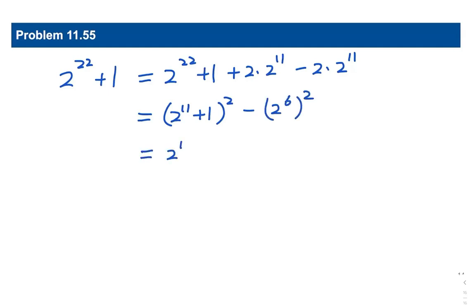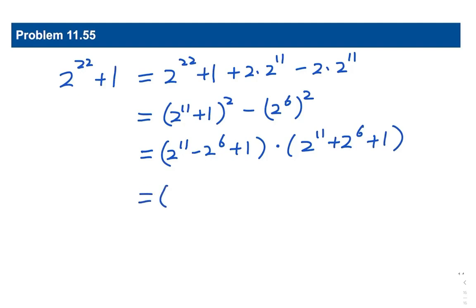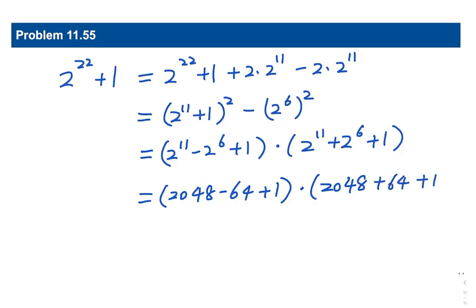So 2 to the power 11 minus 2 to the power 6 plus 1 times 2 to the power 11 plus 2 to the power 6 plus 1. This is 2048 minus 64 plus 1, and 2048 plus 64 plus 1. 1985 times 2113.